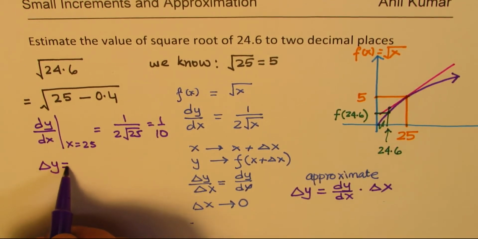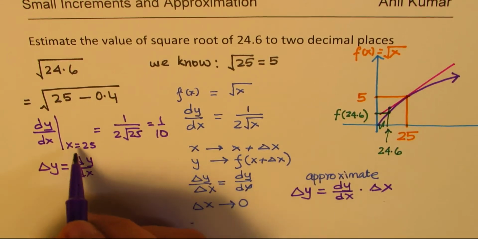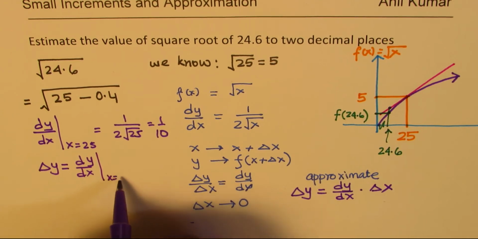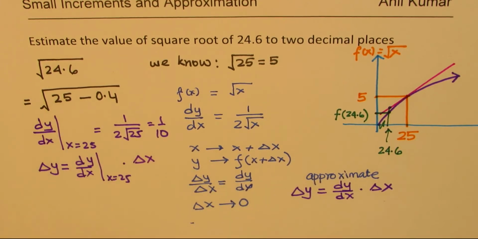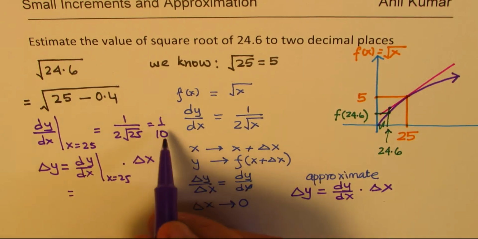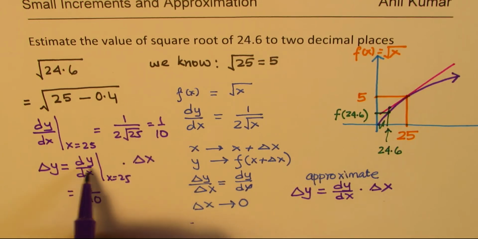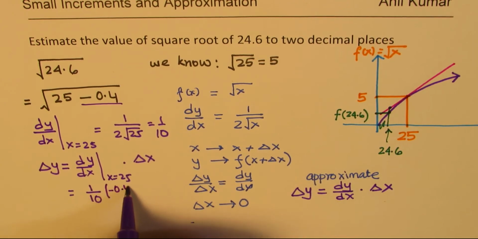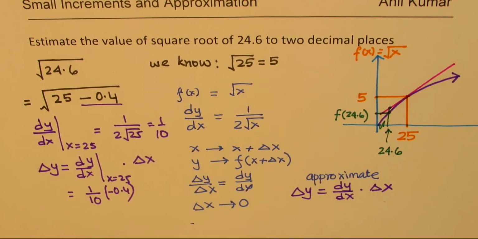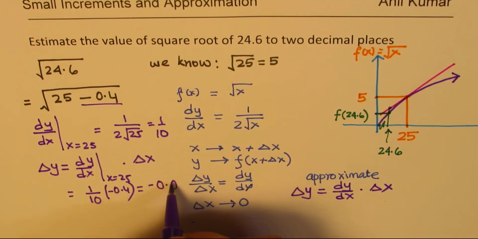So change in y will be dy dx at x equals 25 times delta x for the given question, right? This is multiplication, correct? So in our case, it is going to be 1 over 10, that is at 25 the change, and this particular change is given to us as negative 0.4, correct? So basically, this is equal to negative 0.04.